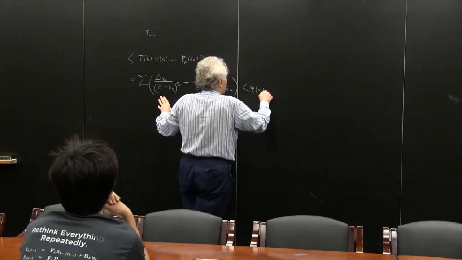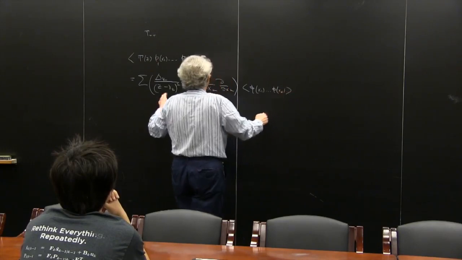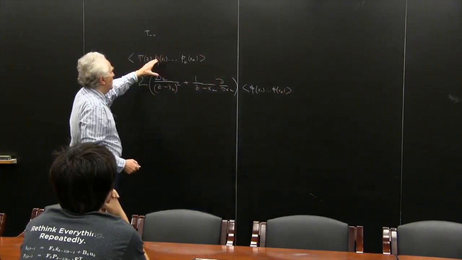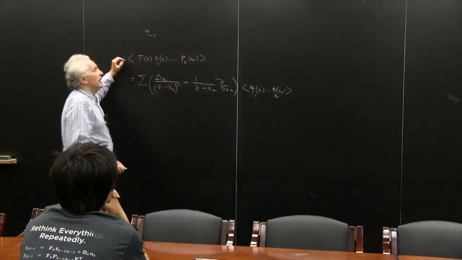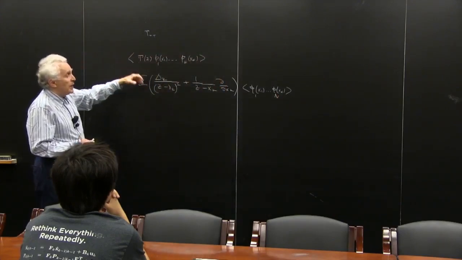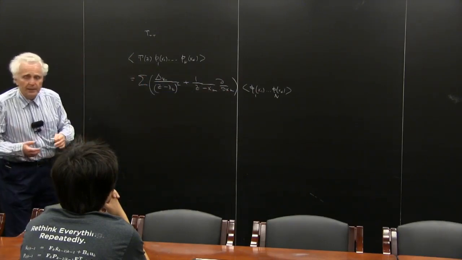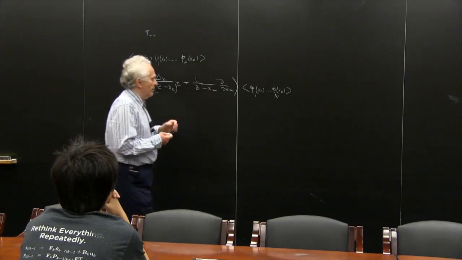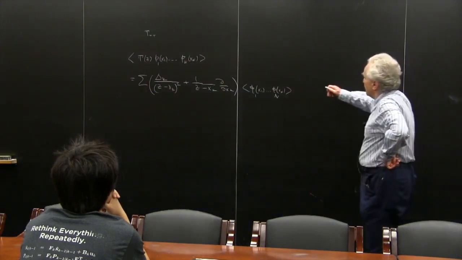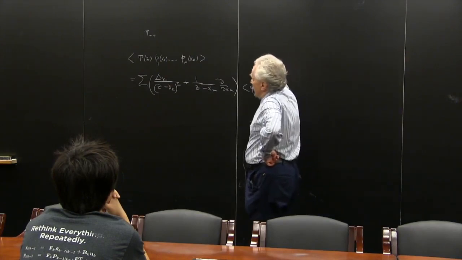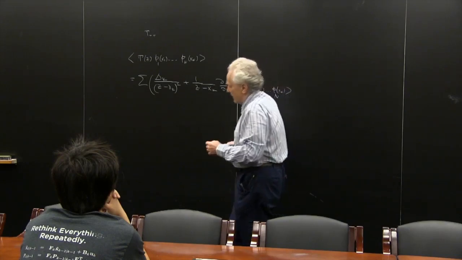So when you know the correlation functions of certain primaries, the correlation function with the energy momentum tensor is expressed in terms of the correlation function of the primaries, and we explained that this is actually because the energy momentum tensor is traceless.